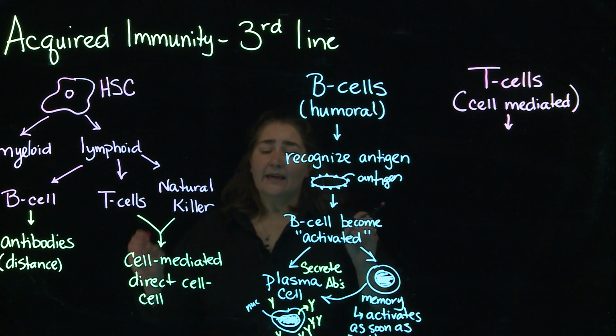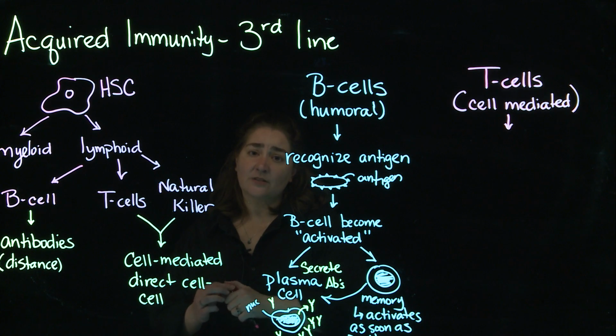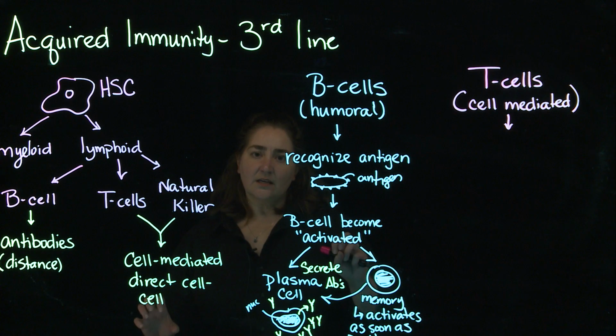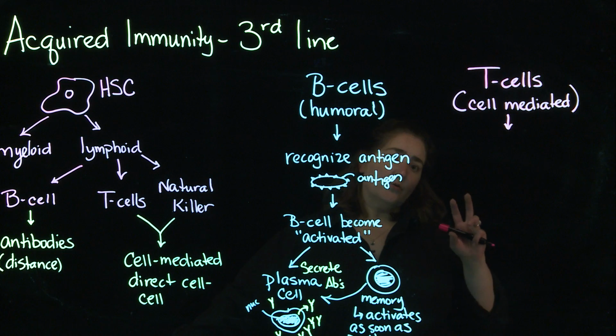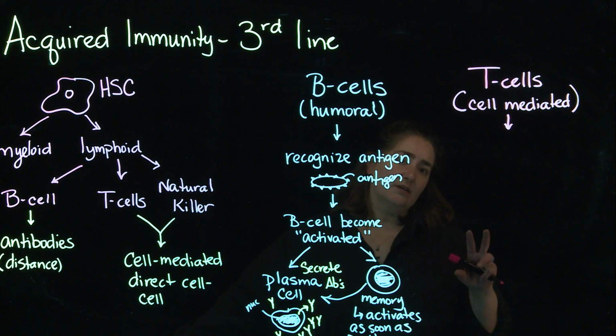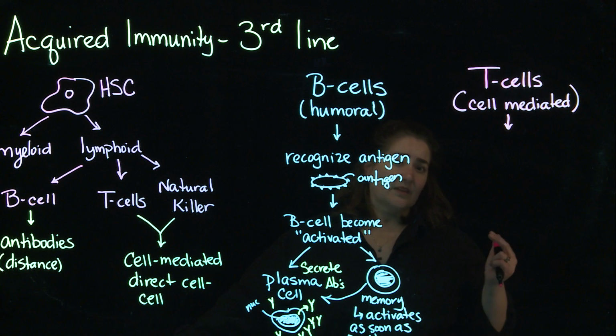And there are going to be a number of different factors involved in activating the T cell. And this is going to be another area where we're going to interact with the innate immune response, because a lot of times those phagocytic cells, like the macrophage or the dendritic cell, are considered antigen-presenting cells.